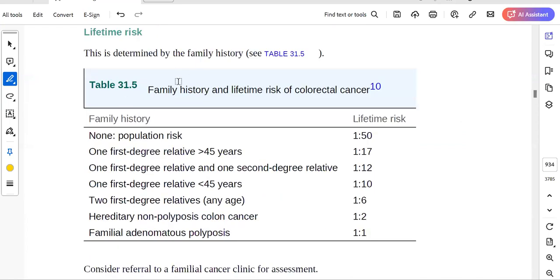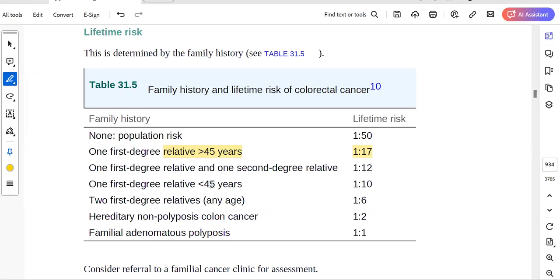So you can see in here the lifetime risk of having a colon cancer. A patient who has one first degree relative diagnosed with colon cancer after 45 has a risk of colon cancer of 1 in 17.